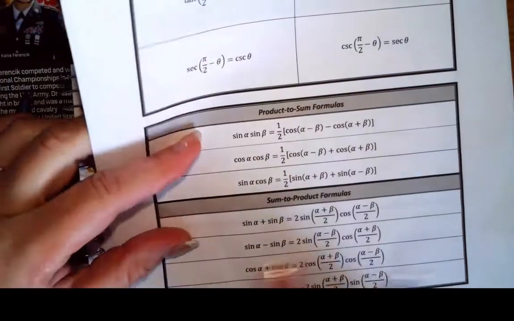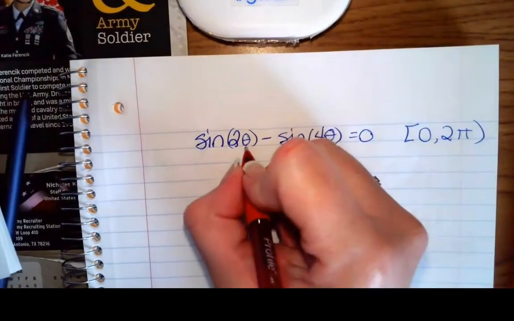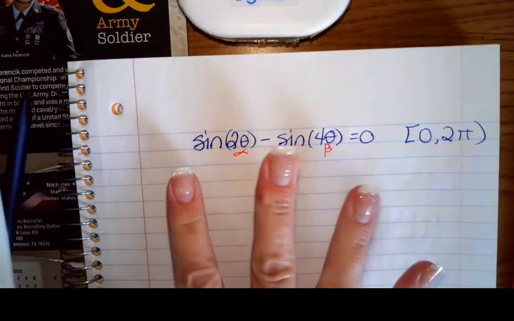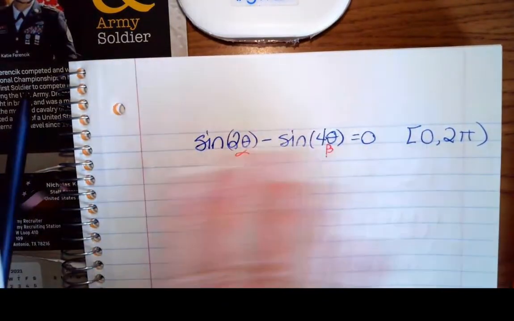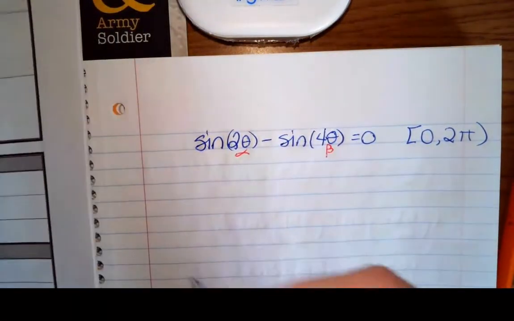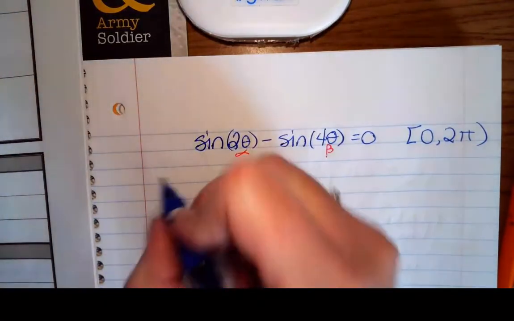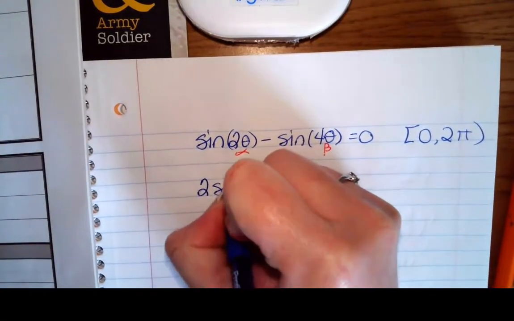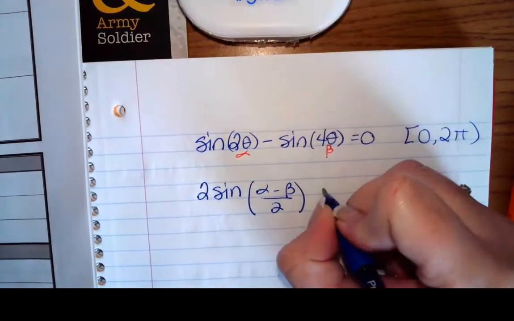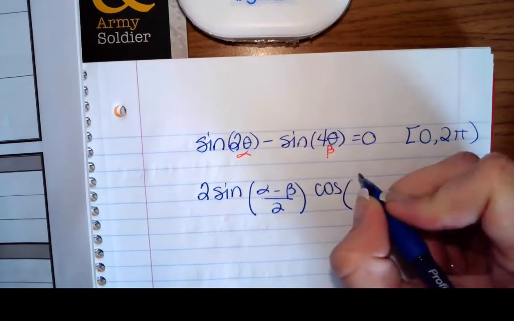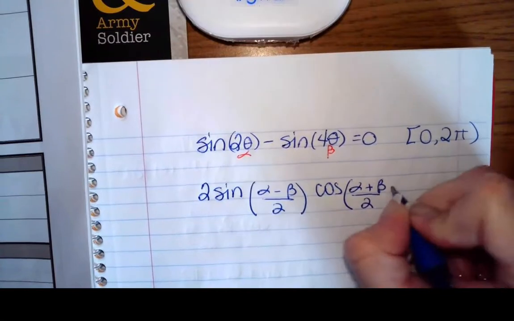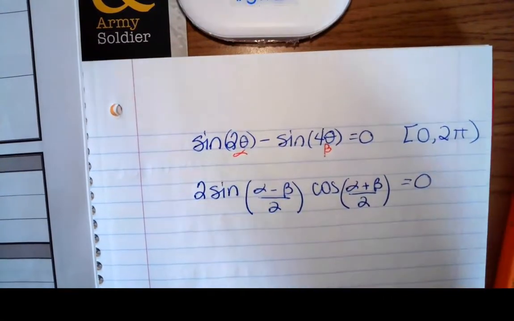Okay, so I'm going to go ahead and apply this. So this is my alpha, and this is my beta. And as soon as your angle measures match, as soon as your arguments are the same, you can start working in algebra. So what I have right now is, when I'm subtracting, I get 2 sine of (alpha minus beta) over 2 times the cosine of (alpha plus beta) over 2, and that's supposed to equal 0.